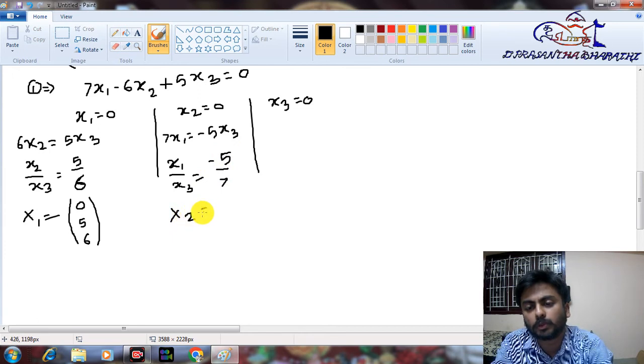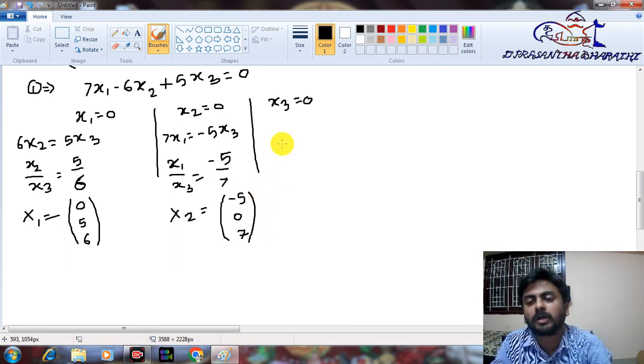Therefore the second eigenvector x2 equal to minus 5, then 0, and then 7. And now x3 equal to 0.